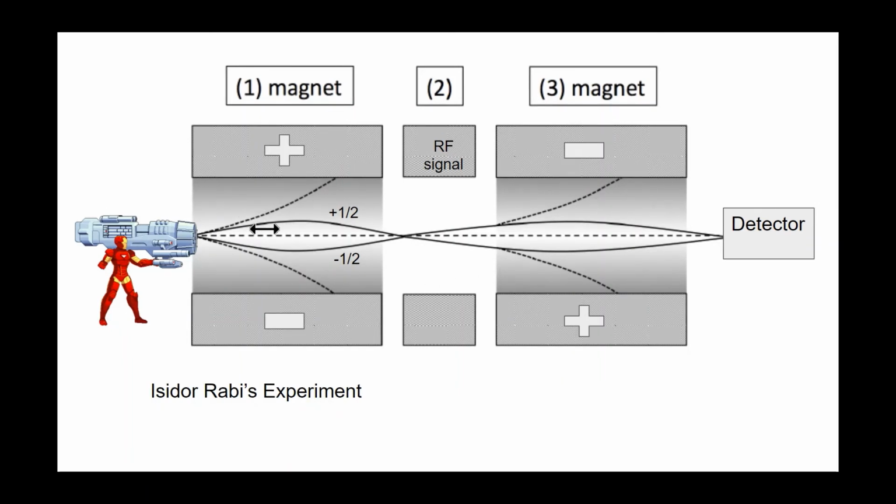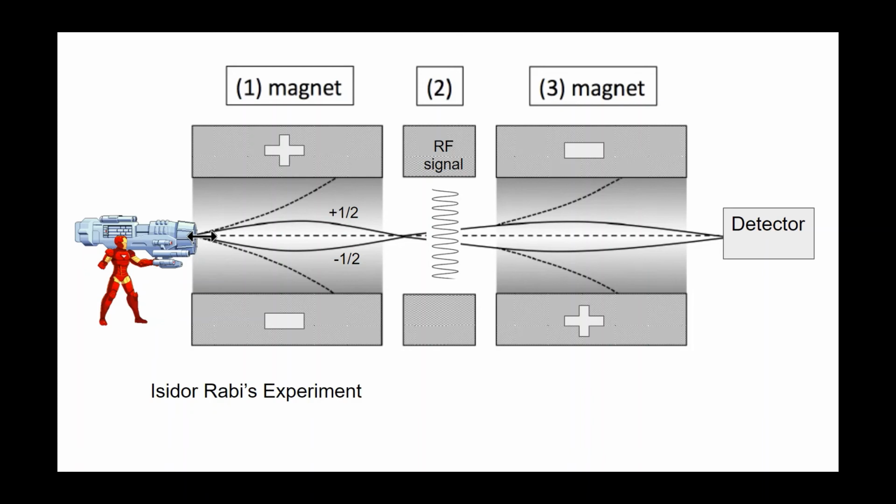And so you have this beam being focused at this detector, and there's a constant stream of protons going through there. Now, if NMR is correct, we can add a radio frequency signal that matches the resonance of these particles, and it should add energy to the particles and cause them to flip.